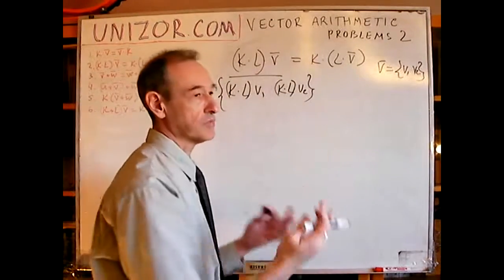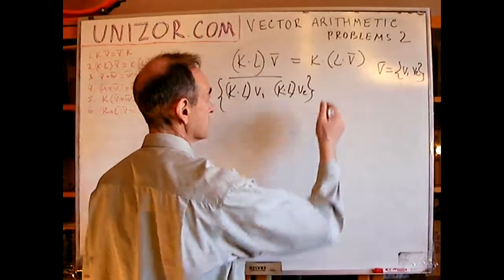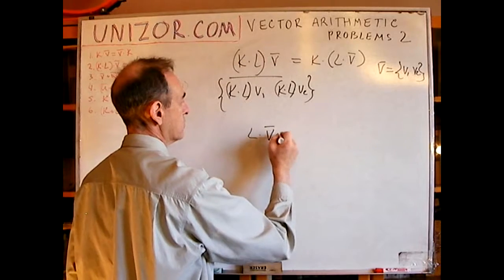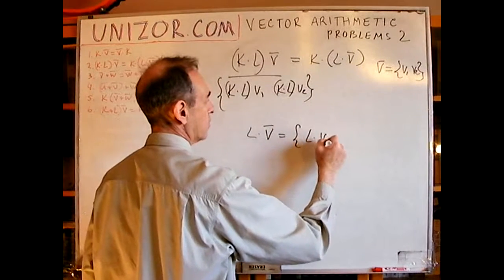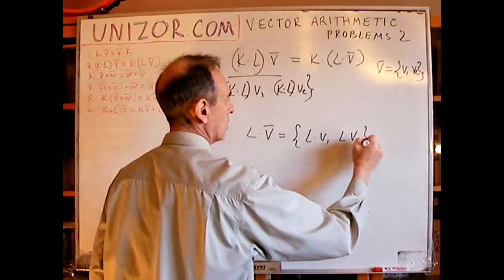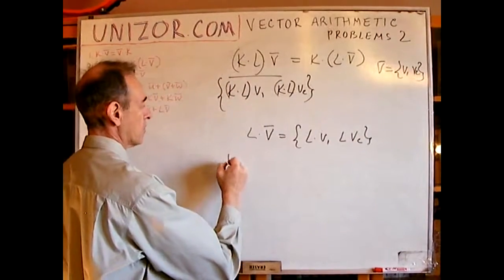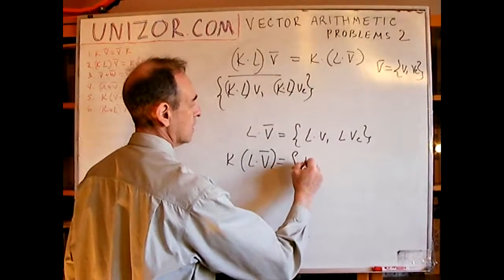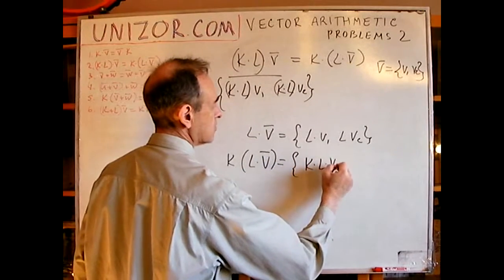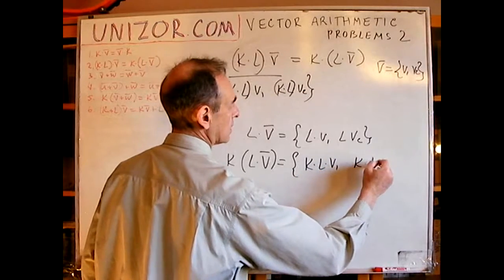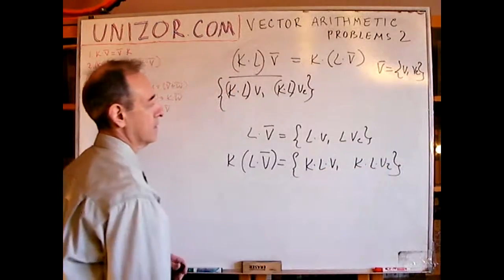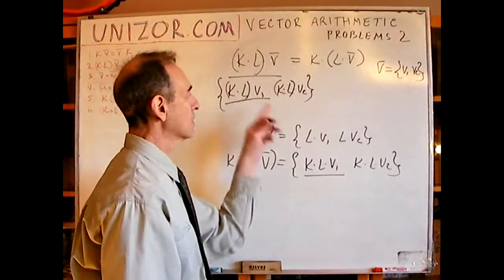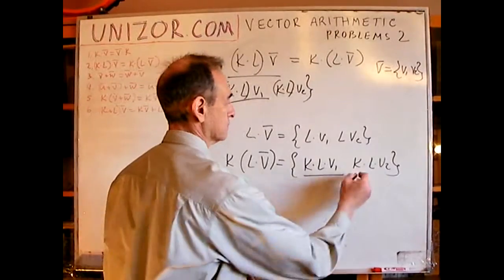Well, these are two different multiplications. First, L times V would be (L V1, L V2), right? Now, whenever we multiply K by this vector, it would be (K times L times V1, K times L times V2). Now, is this the same as this? Yes, absolutely, because the multiplication is associative, same as here.